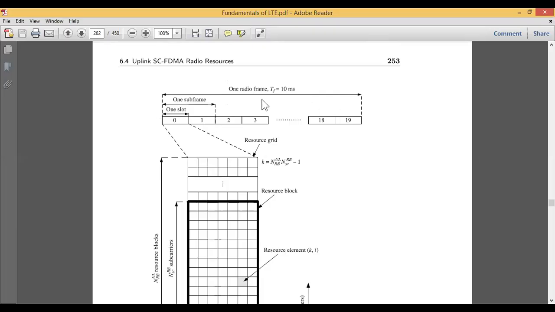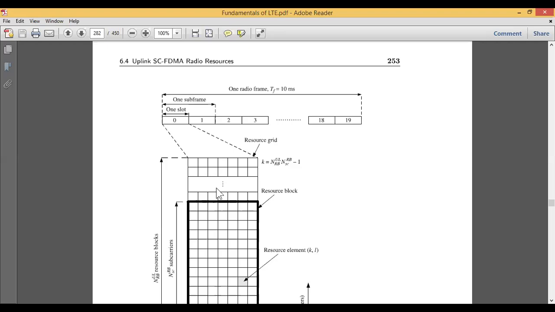This is one complete radio frame of 10 milliseconds, and one radio frame consists of different subframes. One subframe consists of slots, and one slot consists of these resource elements.